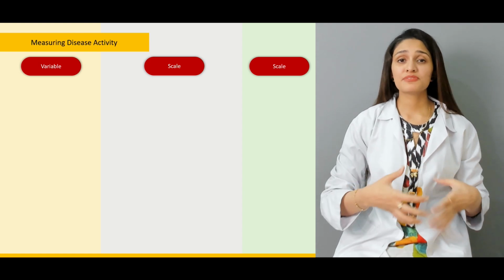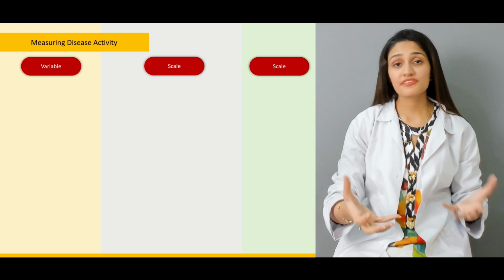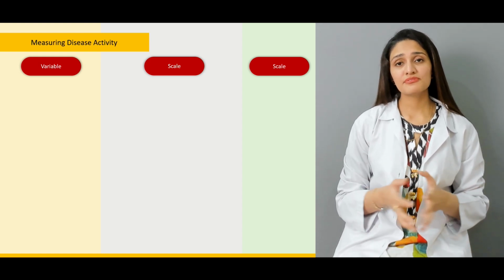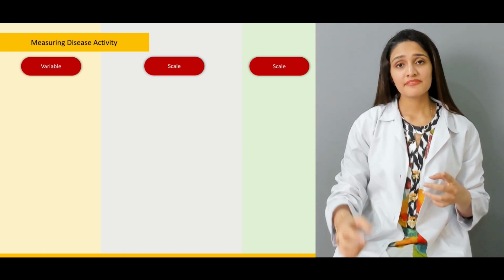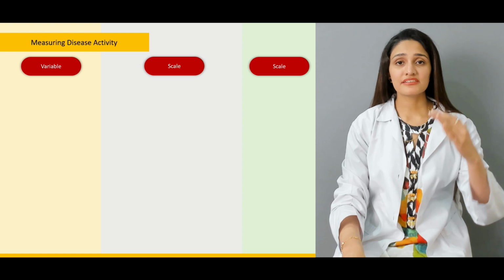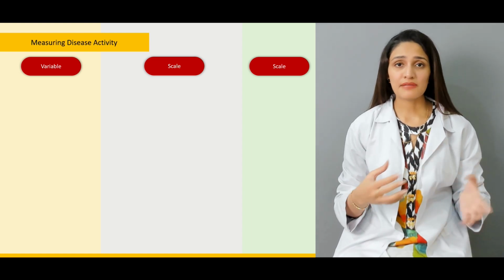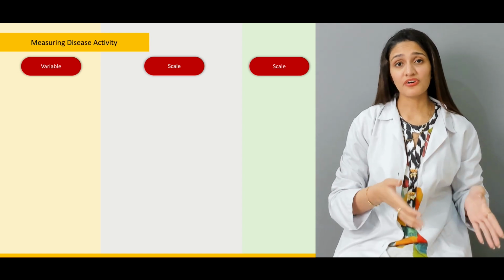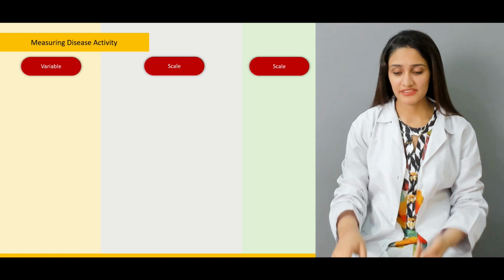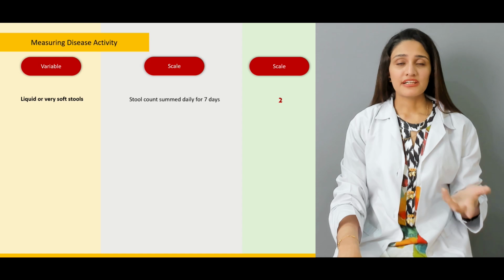Do they present with a very mild type of symptom, or a very severe type of symptom? Then we multiply it with the weight, and the sum of all these variables helps us differentiate between remission and more severe illness. So first is the liquid or very soft stool.